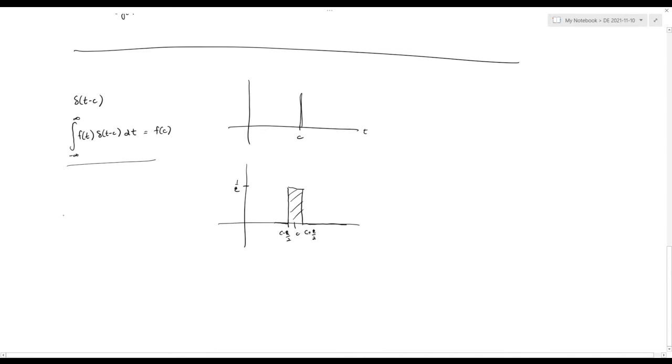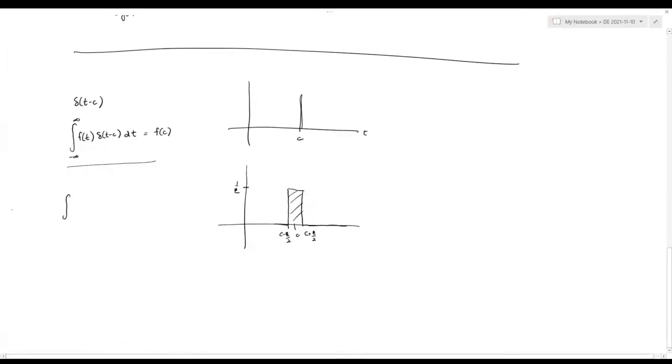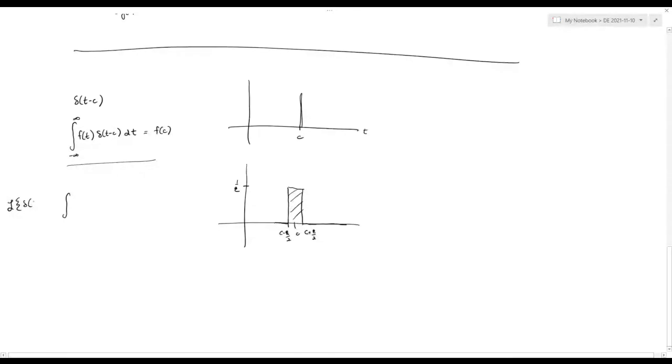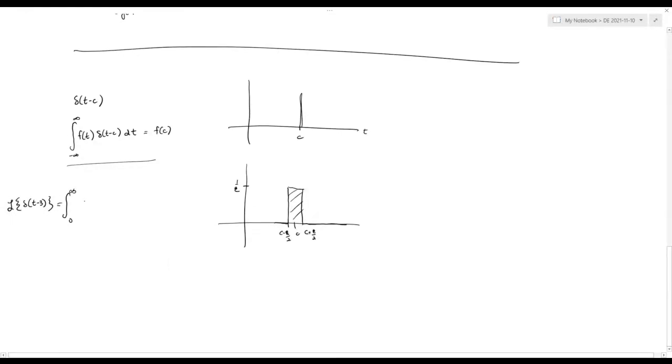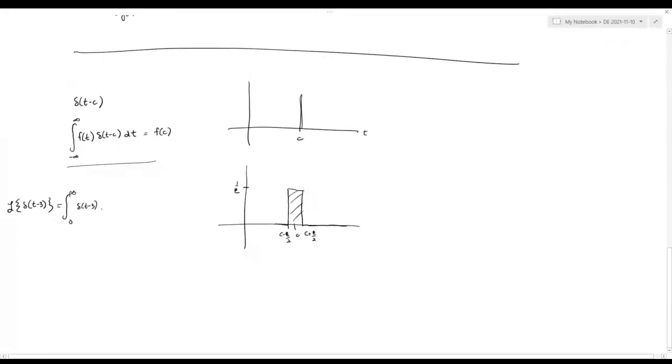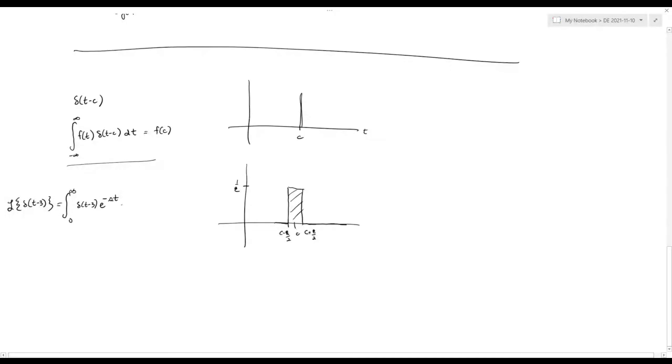So, for example, if I want to find the Laplace transform of an impulse function that spikes at 3, then by definition this is the integral over positive numbers of the delta function times e to the negative st, and we integrate out the t's. But by the property above, since the interval from 0 to infinity includes 3, this should just give you this function evaluated at t equals 3.